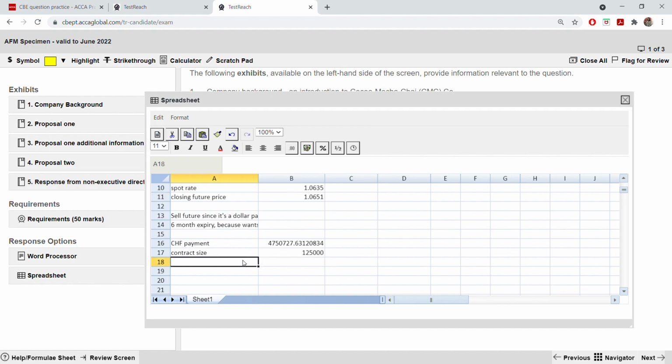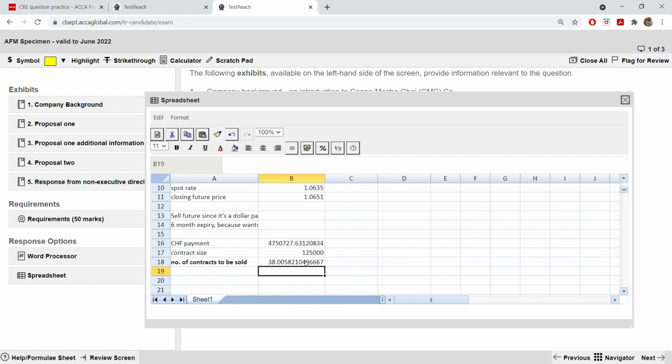Now number of contracts to be sold. We are going to put all the answers in the second column. This is for description, the first column. So number of contracts to be sold, let me bold it because requirement asked you. This divide by this. Simply.